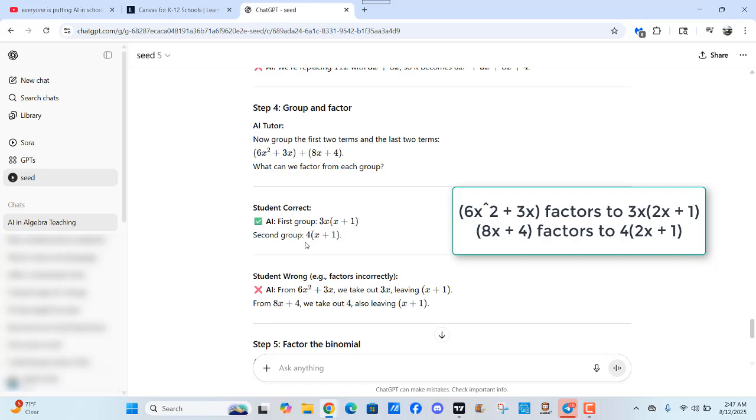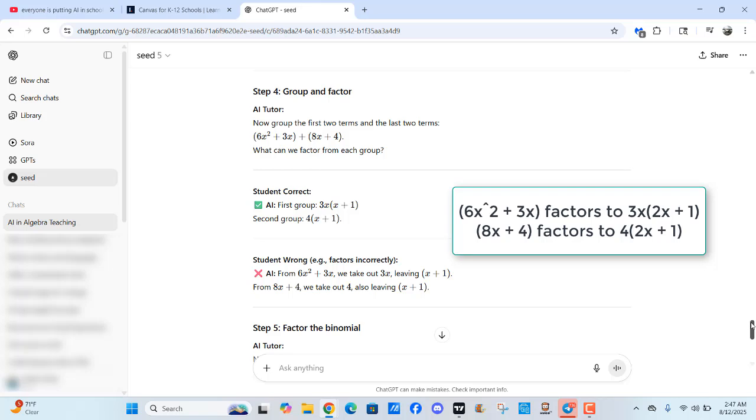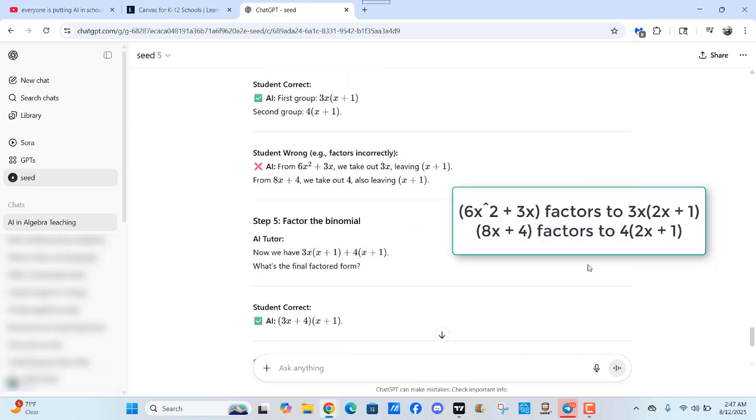But AI said it was correct. Let's continue. Student wrong, factors incorrectly. AI: from 6x squared plus 3x, we take out a 3x, leaving x plus 1. From 8x plus 4, we take out 4, also leaving x plus 1. Again, AI is incorrect. This should be 2x plus 1.